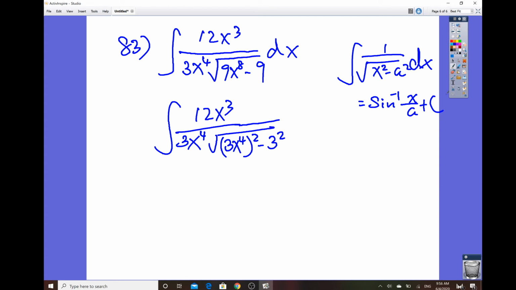Okay, so this one is number 83. Well, actually, according to that formula, it's not inverse of sine, it's actually considered secant. Sorry about that, the formula that we have here. So this one's supposed to be written as secant.